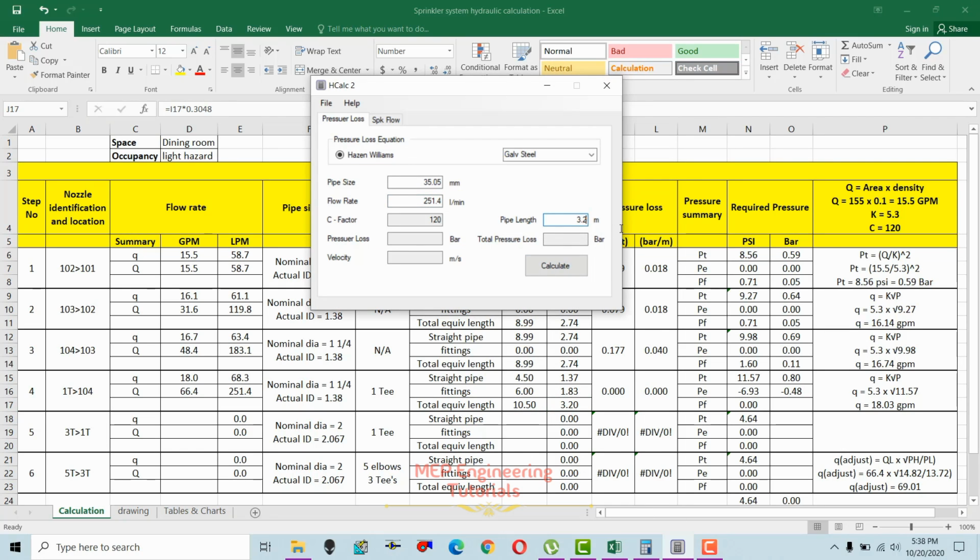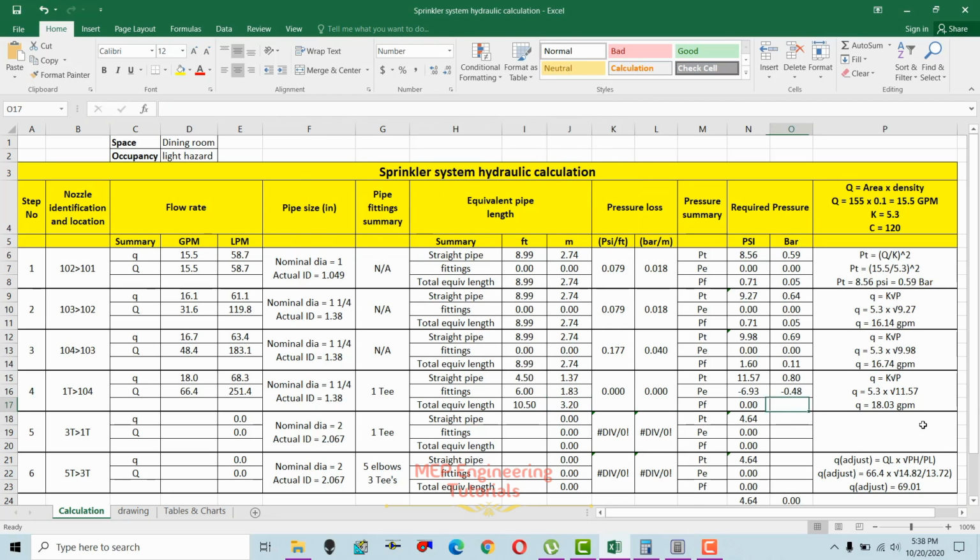Then calculate. Total pressure loss is 0.227 bar.